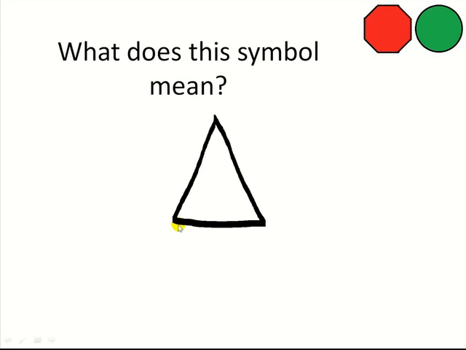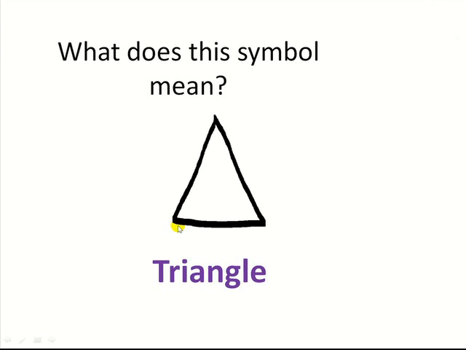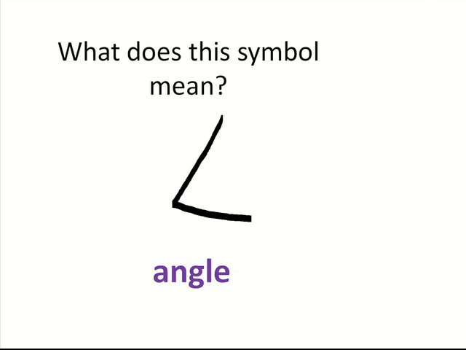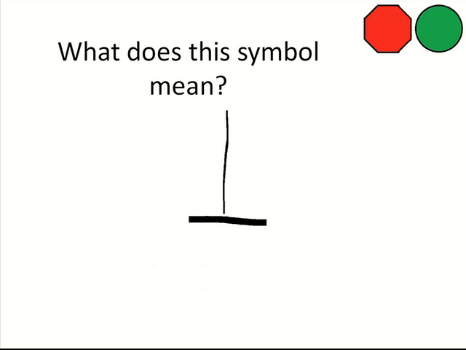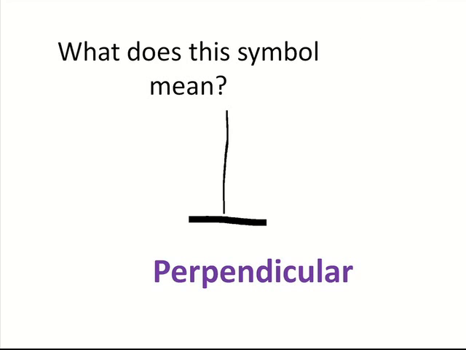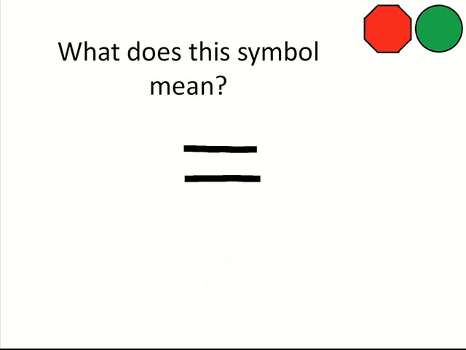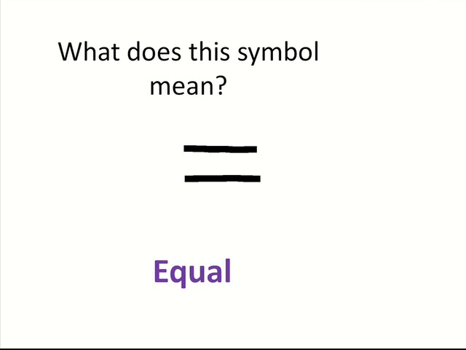What does this symbol mean? It's a triangle. Meaning that if you see that, just read it like the word triangle. This means angle. Perpendicular. Parallel. Equal.